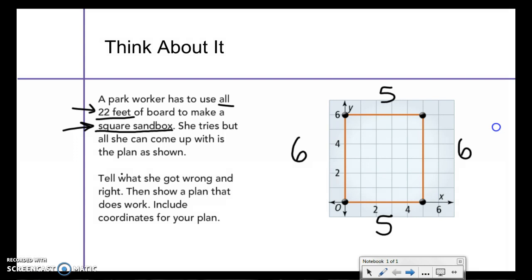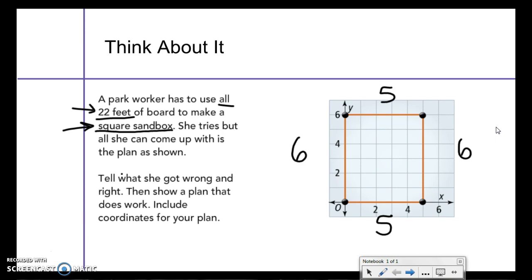We know that when we have a square, we have to cut all boards into 4 equal lengths. Right now, they're not equal. We have 2 lengths of 6 and 2 lengths of 5. What length do we have to take away from the lengths of 6 and add to the 5s in order to make it even? That's what you have to think about when solving this problem.